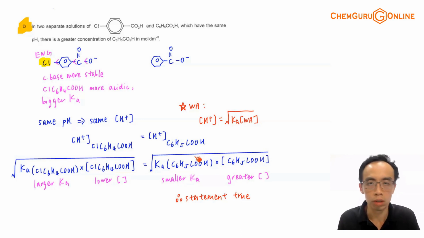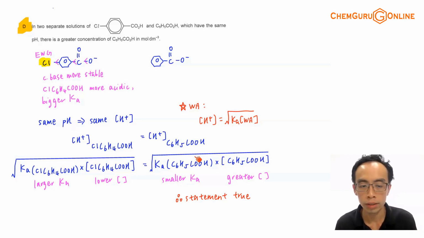The square root actually is not important; we can remove it. But you notice, since this expression is equal to this expression, and we have already deduced previously that the Ka value for chlorobenzoic acid is bigger and the Ka for benzoic acid is smaller, in order for these two to be the same, if I have a bigger Ka, I must have a lower acid concentration.